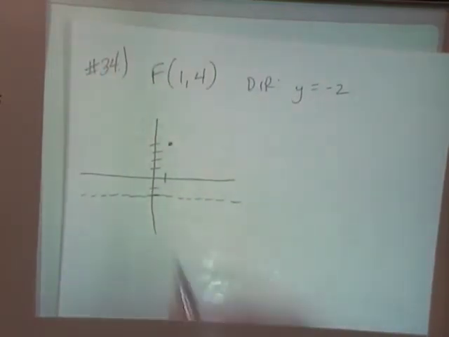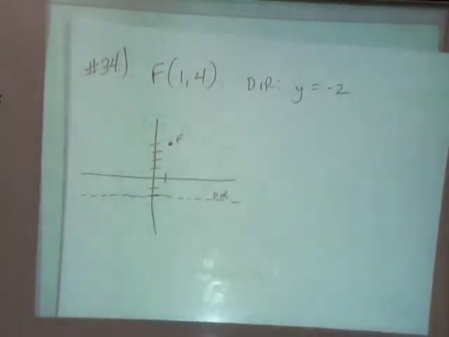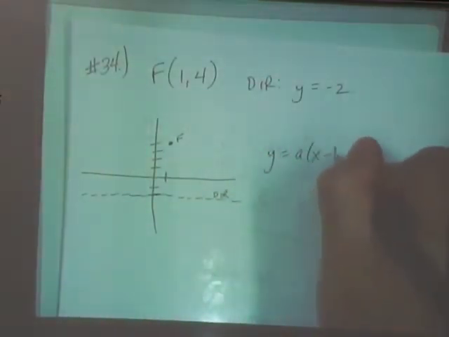There's my focus and my directrix. How do I find the vertex? Which way is this thing open? It's going to open up, so I know it's going to be y equals a times (x minus h) squared plus k.